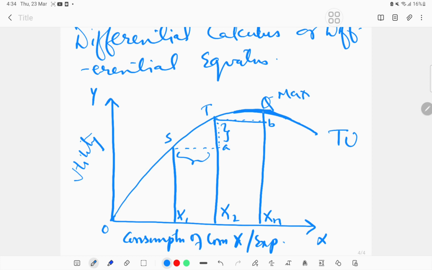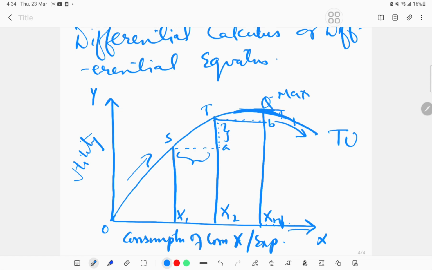And after consuming that quantity, if he consumes anything after xn, at this level or this level or this point, means if he purchases more than xn, his utility will fall. It is falling. Here it is rising. It is at maximum.